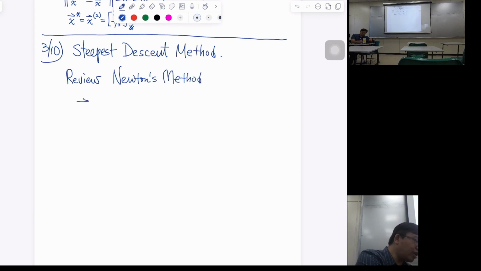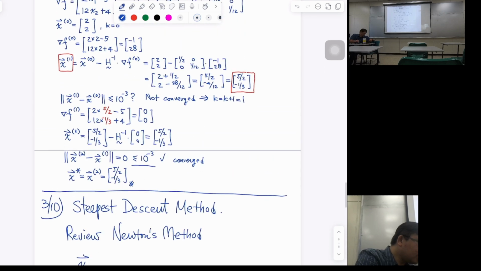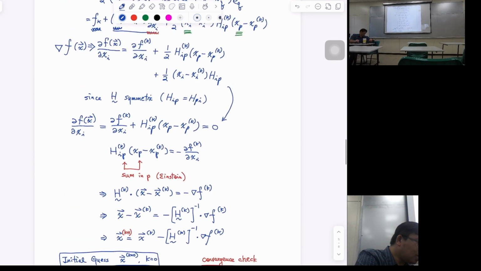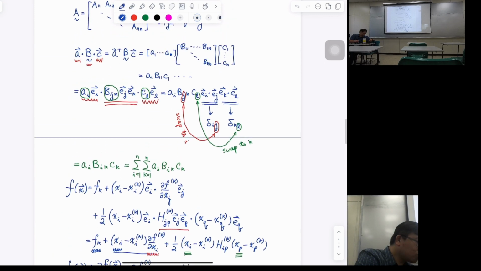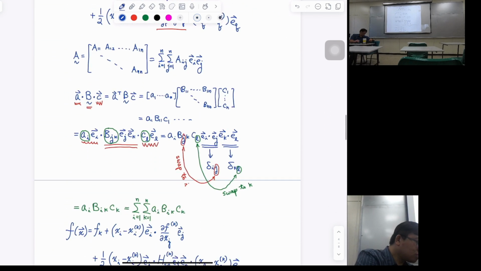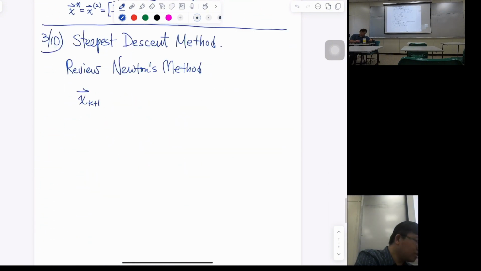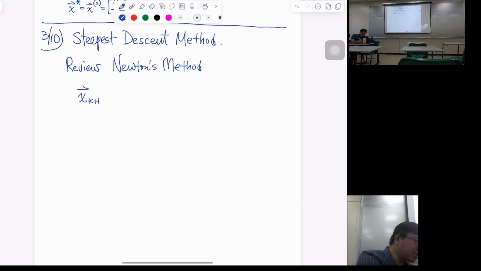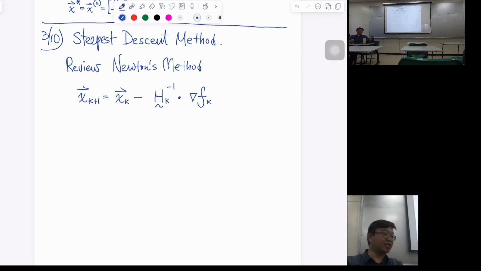The key equation is: the (k+1)th x equals the current x minus the inverse Hessian matrix dot product the gradient of f evaluated at k. Right? That's what we learned from Newton's method.